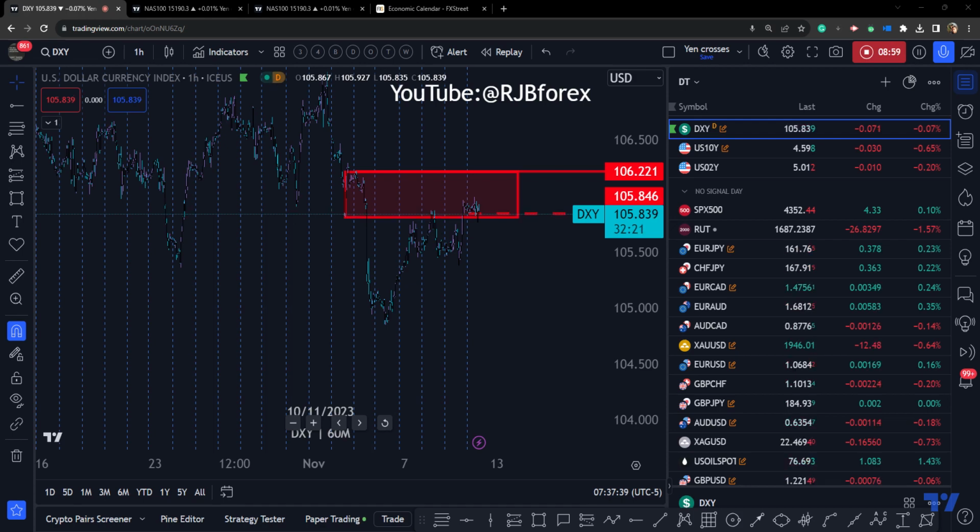The headline there is expected to remain steady at 63.8. So let's see how that comes out. All right, so we'll wrap that up there.